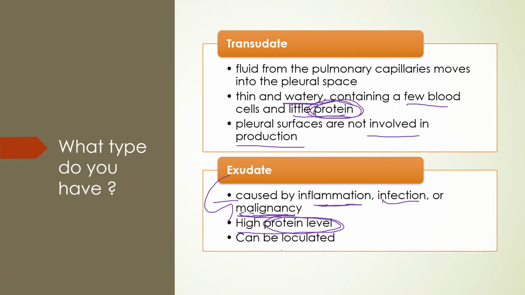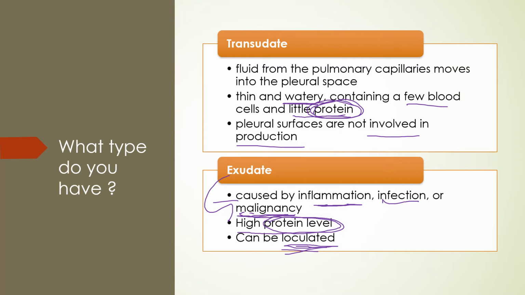These can be loculated, a fancy word for if it's in the right lower lobe, it stays in the right lower lobe, right? It's like Vegas. It stays in the left lower lobe. It's going to stay in that area, so it's loculated. It's locked in to that area of lung. Unlike the transudative, if I lay you on your right side, then that fluid's going to fall down and be taken to the area of gravity.